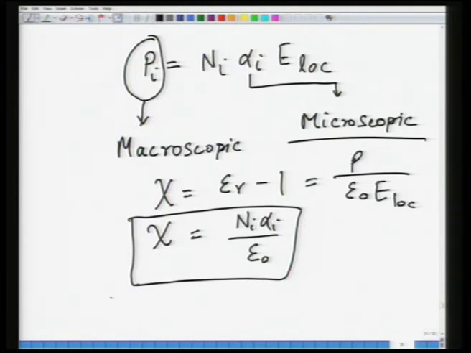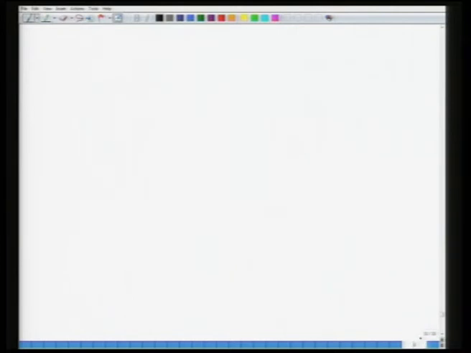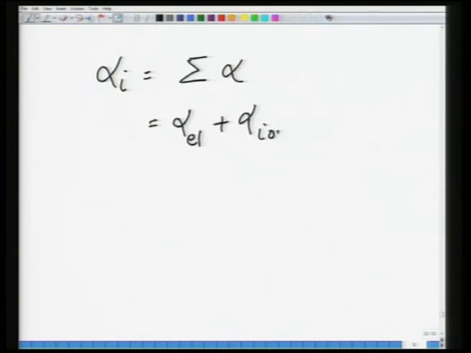Now alpha E is also again a sum of all sorts of polarizabilities. So when we look at alpha, you can say sigma alpha. This would be alpha electronic plus alpha ionic plus alpha dipolar plus alpha interface.